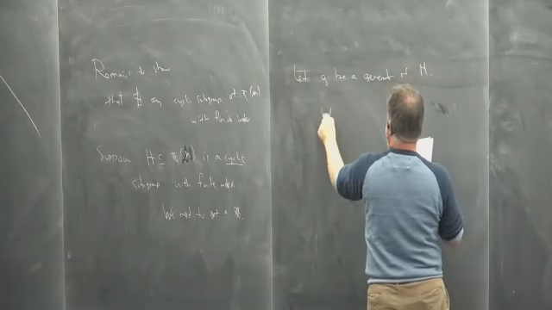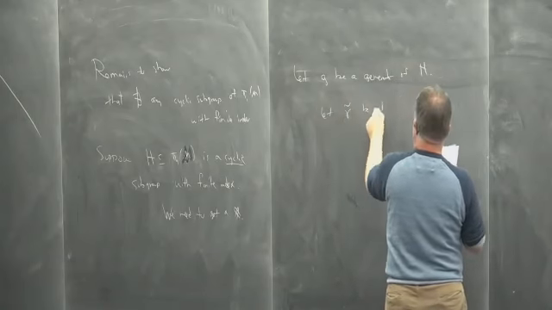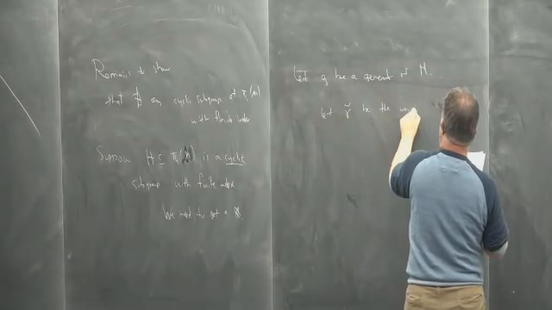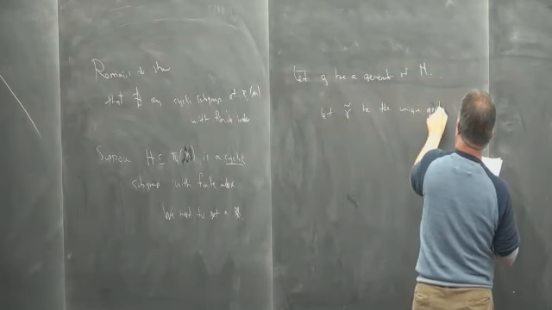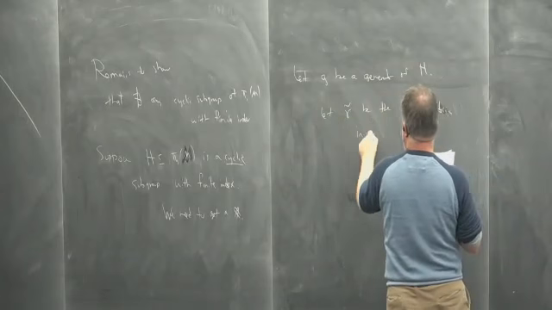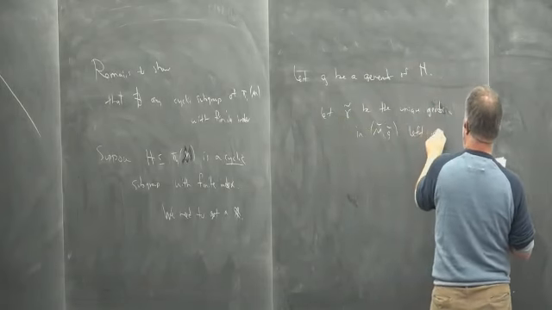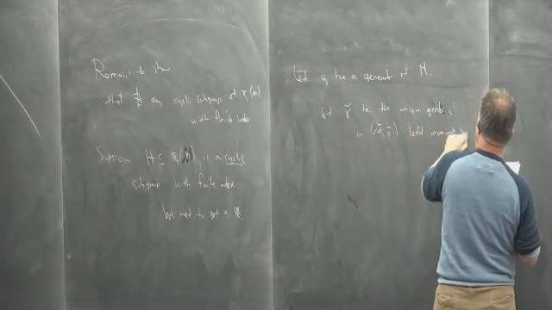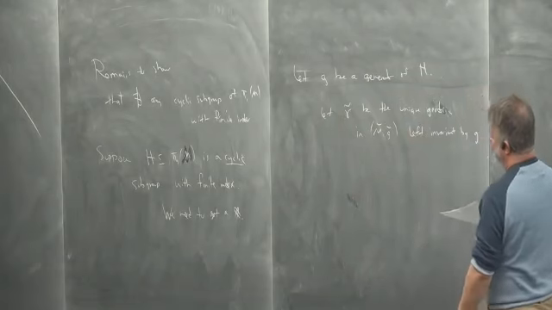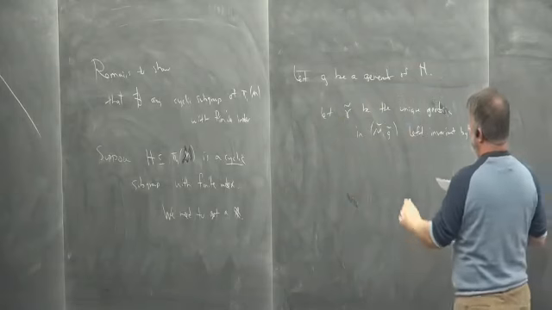Let gamma tilde be the unique geodesic in M tilde, G tilde, left invariant by G. Again, we're using the facts that we proved already, right?